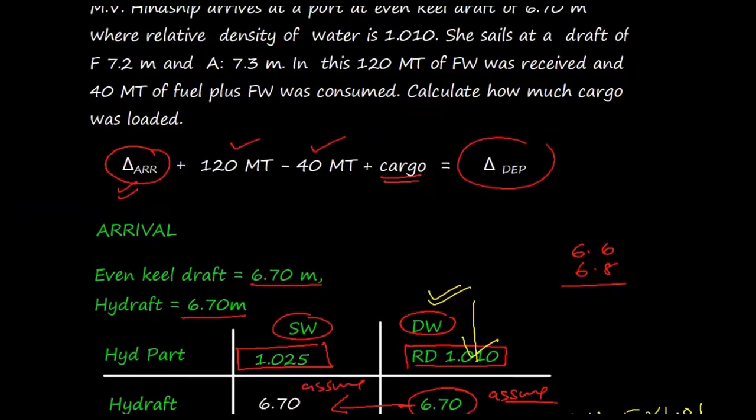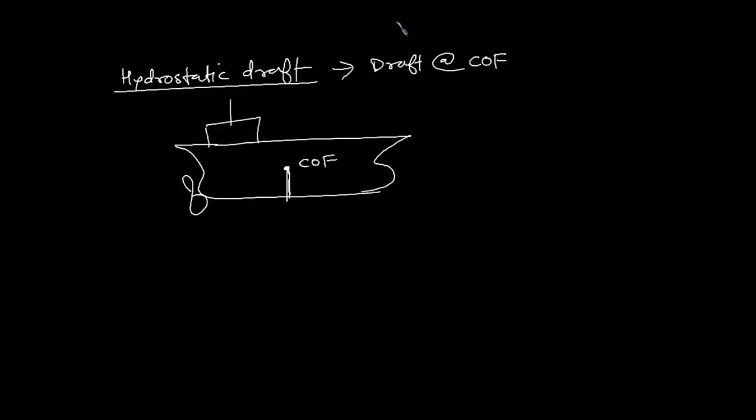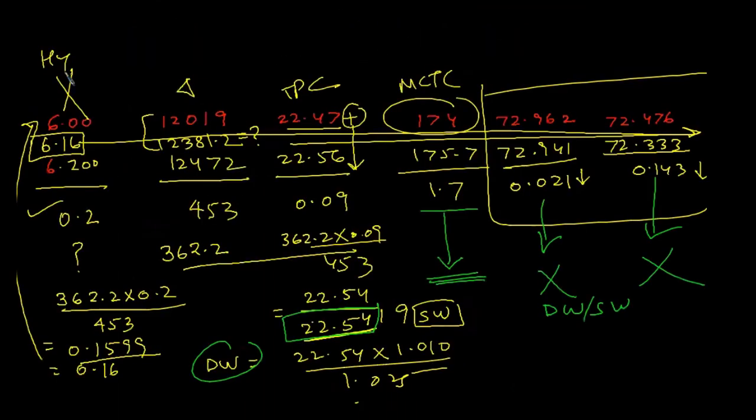Remember that if you have a trim, you should be able to find out the correction. Let me just give you a recap. Suppose this is your vessel, and it is trimmed like this. This is your forward draft.